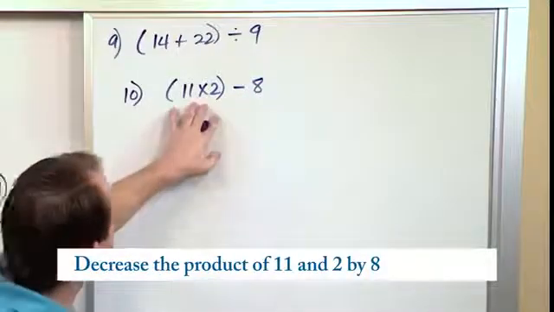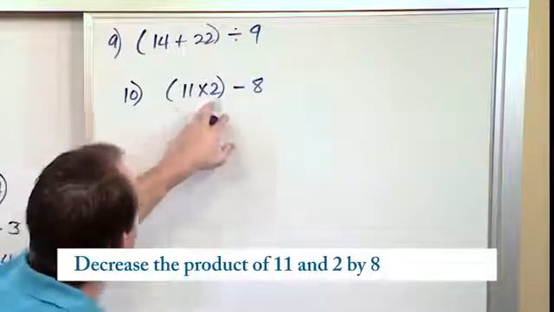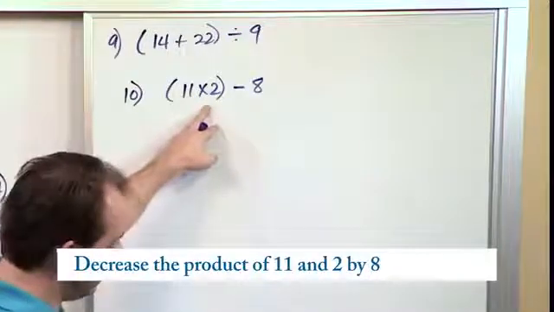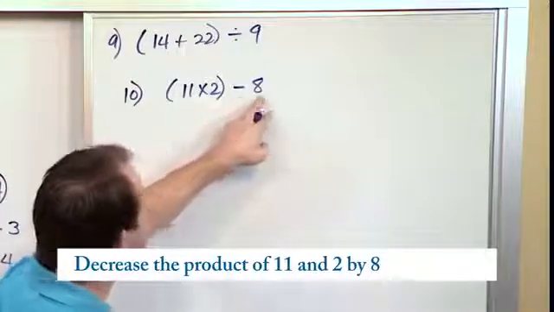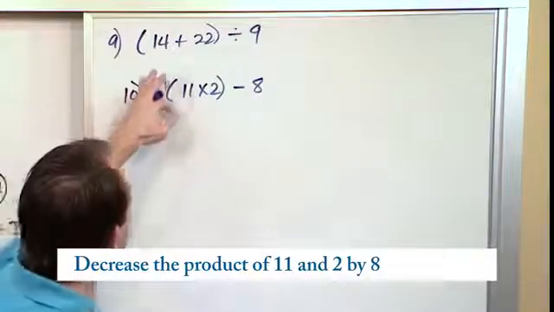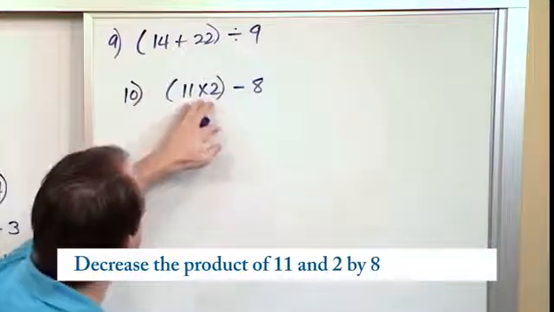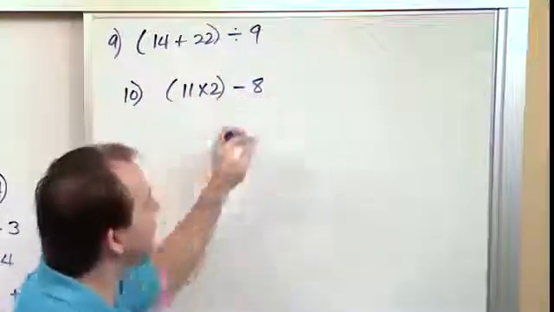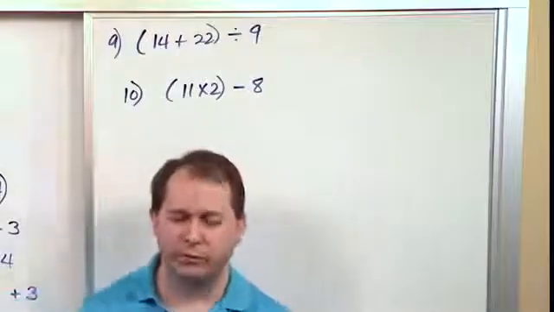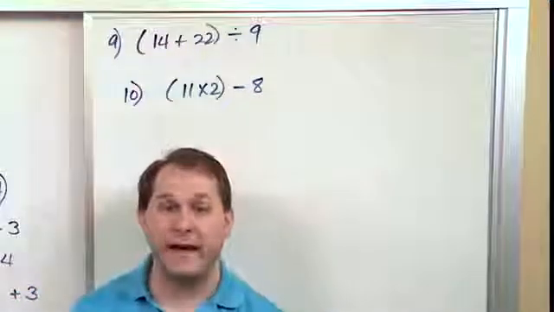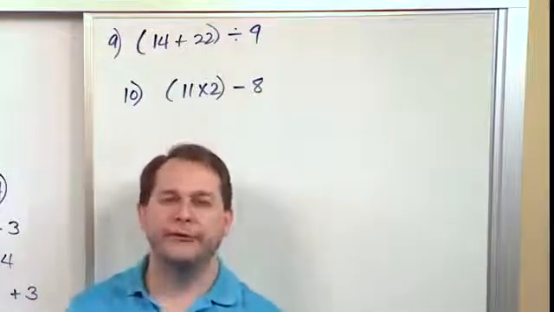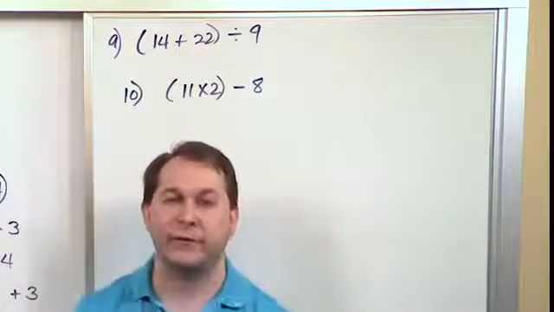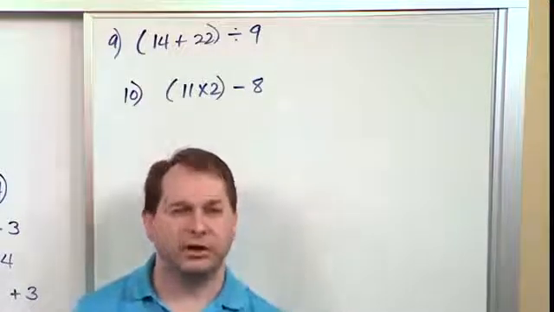So we put the parentheses here to clearly indicate that we want to do the product first of 11 and 2, and then we're decreasing that by 8. In this particular case, even if you remove the parentheses, you'd still have to do the multiplication first, then subtract the 8. But I think it's still clearer when you're translating these sentences into math. Put the parentheses in place to force whatever you want to happen first, just to be absolutely clear to anybody reading.